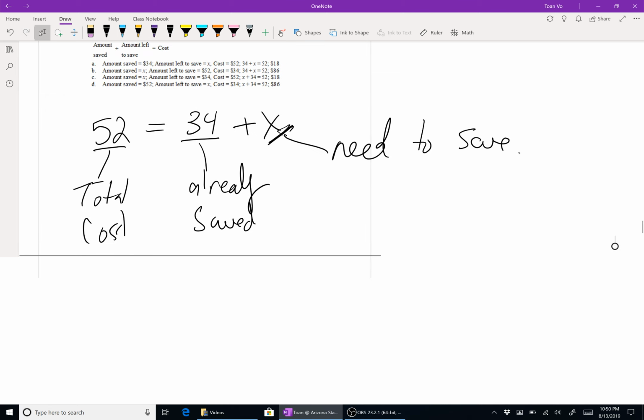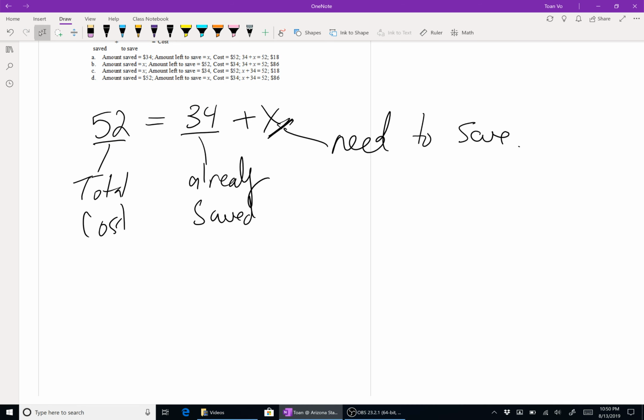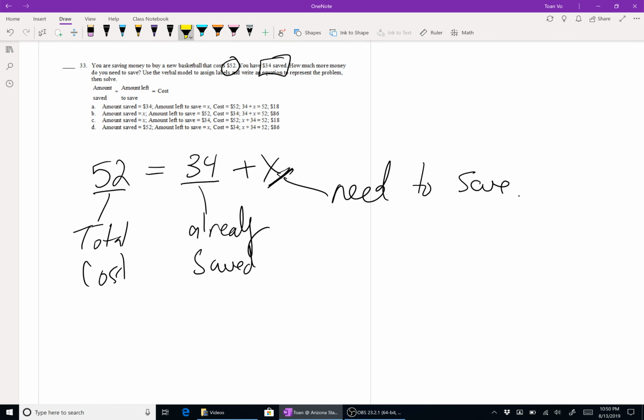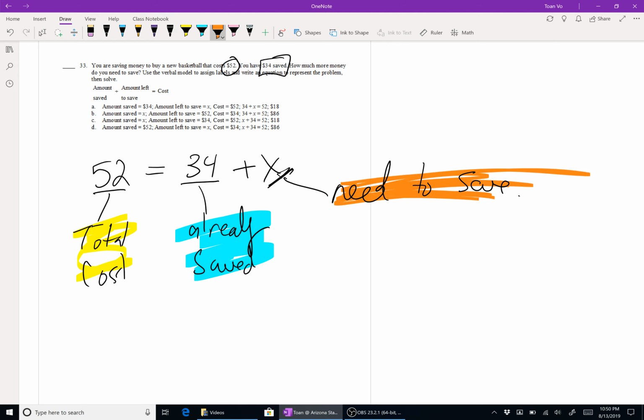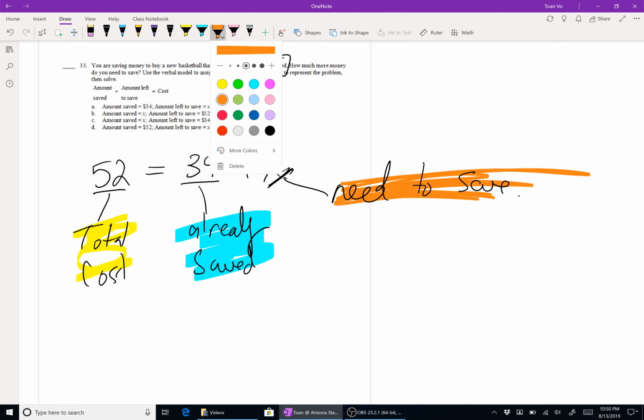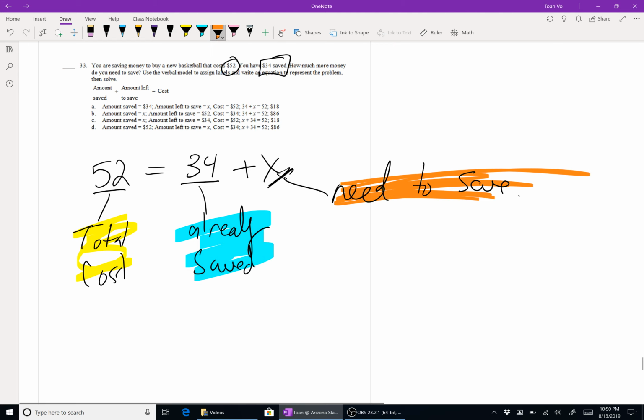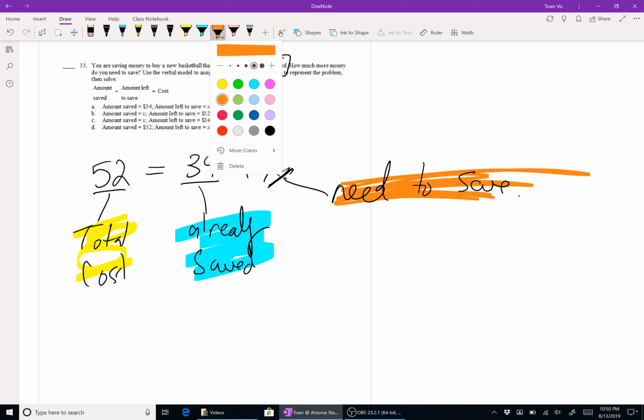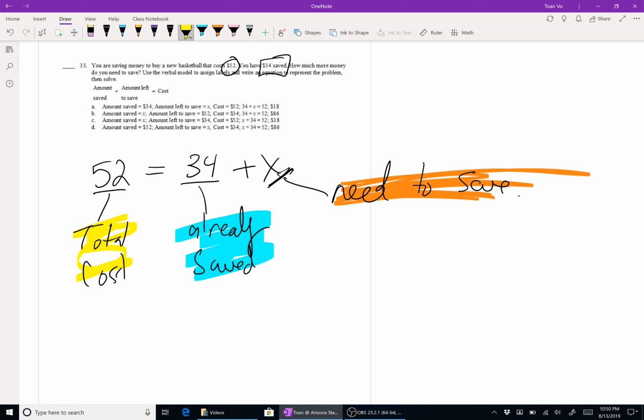And if you look at the choices, let's see here, total costs, already saved, need to save, you can pinpoint them fairly quickly. Let's see here. Total cost, let's see, was 52.